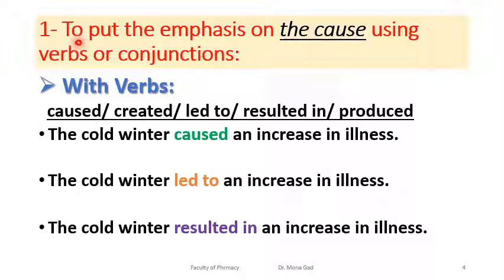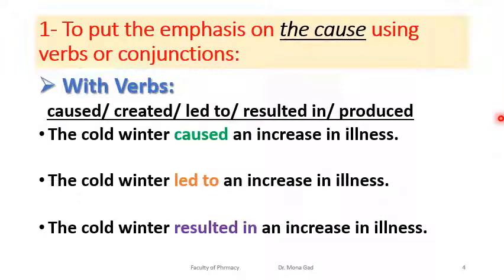Let's start with the first technique, to put the emphasis on the cause using verbs or conjunctions. With verbs, here we have some examples like caused, created, led to, resulted in, produced. These are verbs used to express a cause and effect.